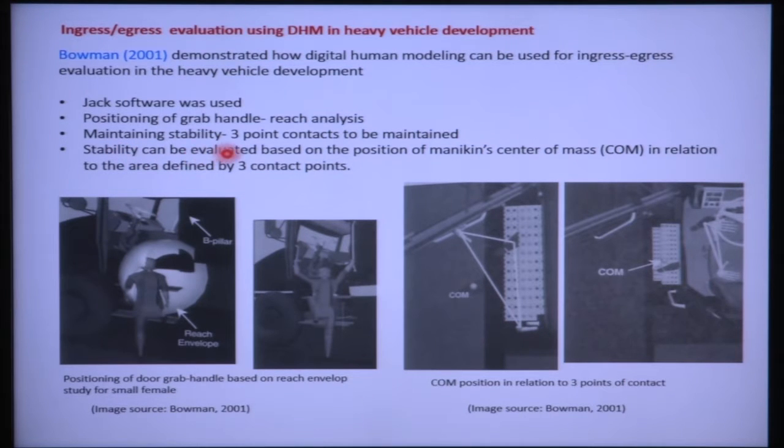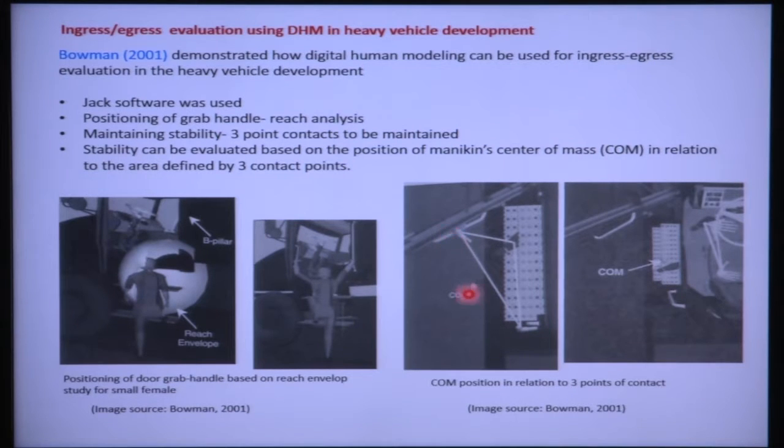For maintaining stability, 3-point contact has to be maintained. These 3 points are either both hands and one leg, or both legs and one hand.